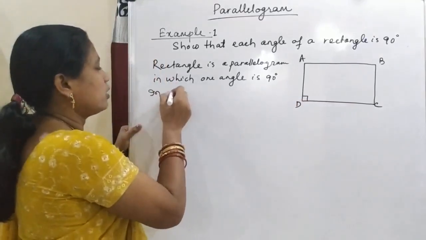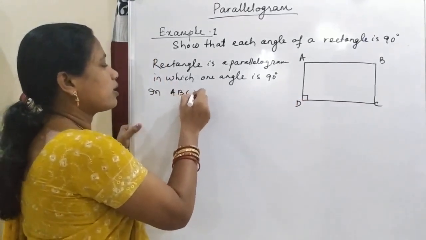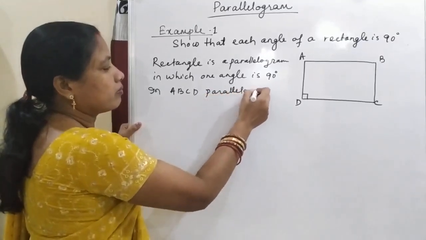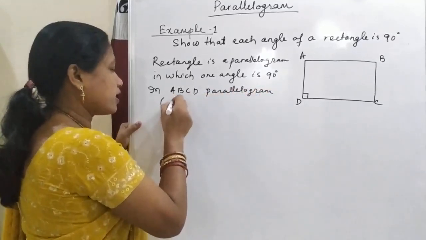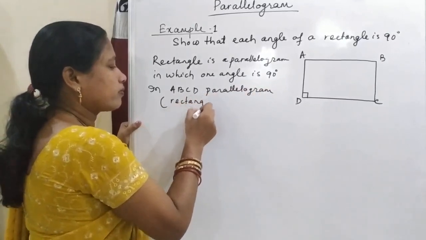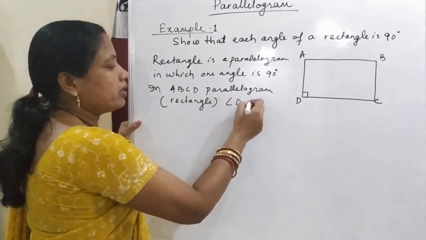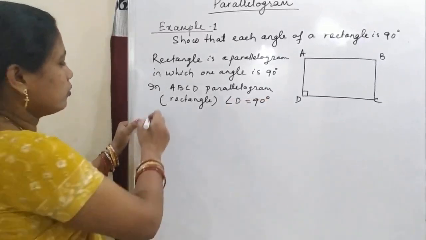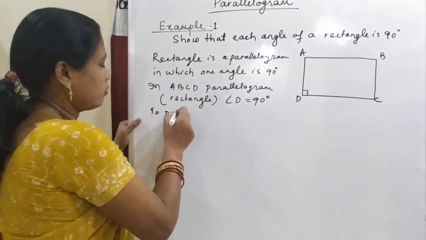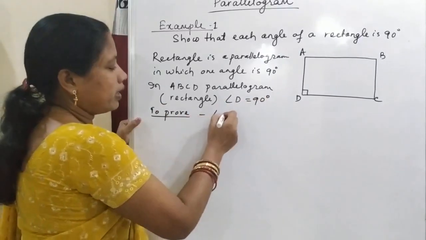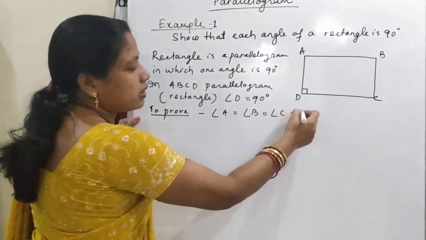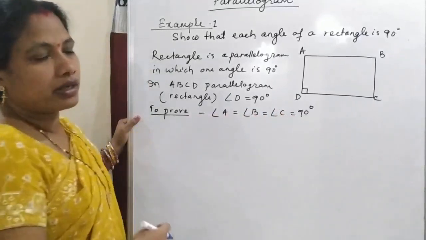So in parallelogram ABCD, or this is a rectangle, angle D is equal to 90 degrees. So we have to prove angle A is equal to angle B is equal to angle C is equal to 90 degrees.